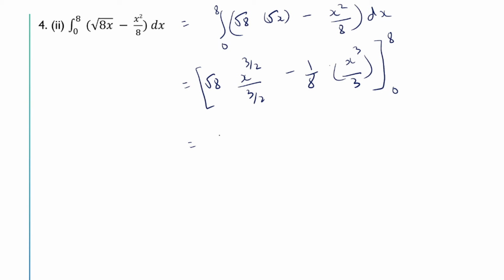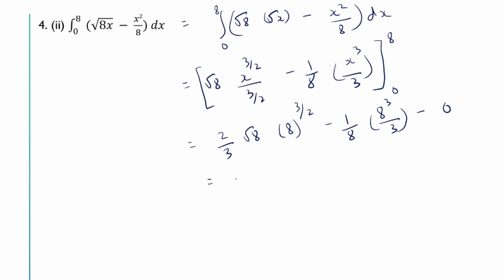So this is equal to 2 by 3 root 8 into, first we have to substitute the upper limit 8. So it is 8 raised to 3 by 2 minus 1 by 8 into 8 cube upon 3, then minus the lower limit. If we substitute 0 in place of x, we get 0 minus 0, which is 0.